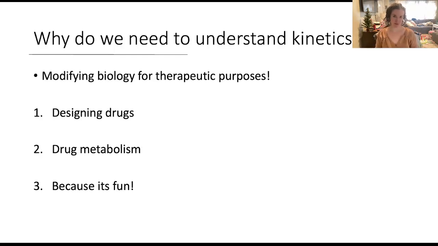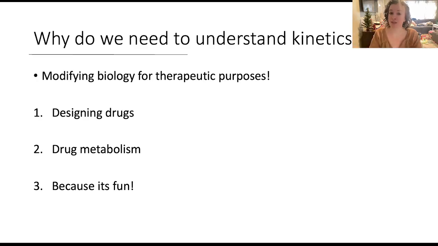Let's jump into the material, folks, and let's start with understanding why do we need to know this in the first place? Why is enzyme kinetics important to know? The big idea for most of us who think about enzyme kinetics is we need to understand how to impact biological processes that are done by enzymes for therapeutic reasons.